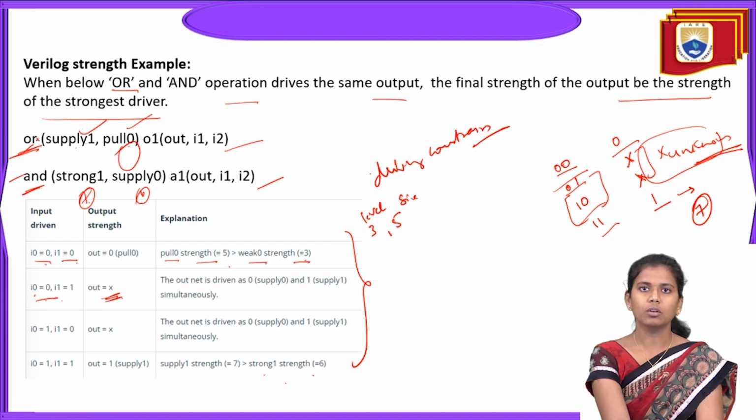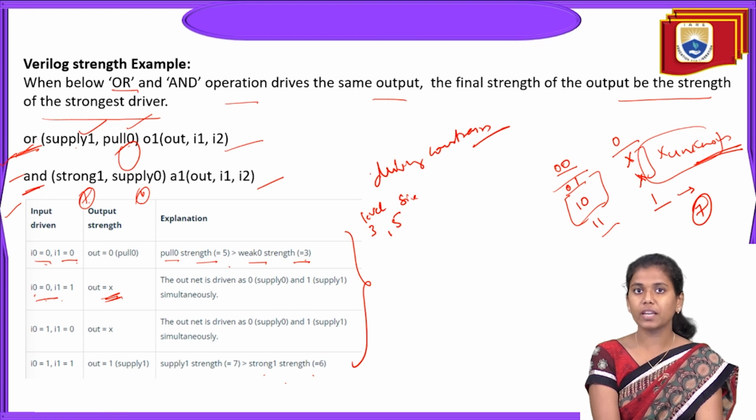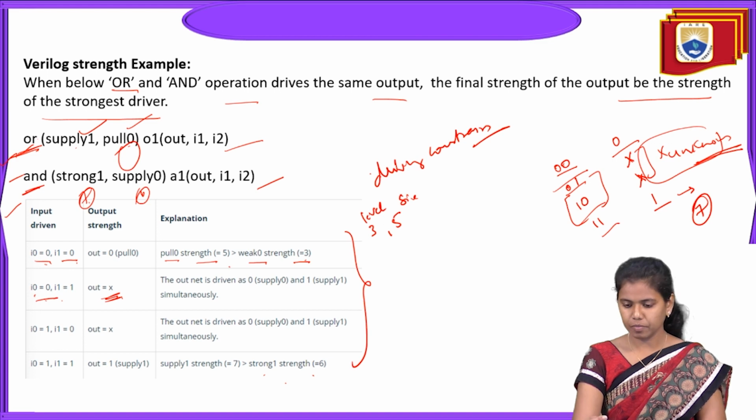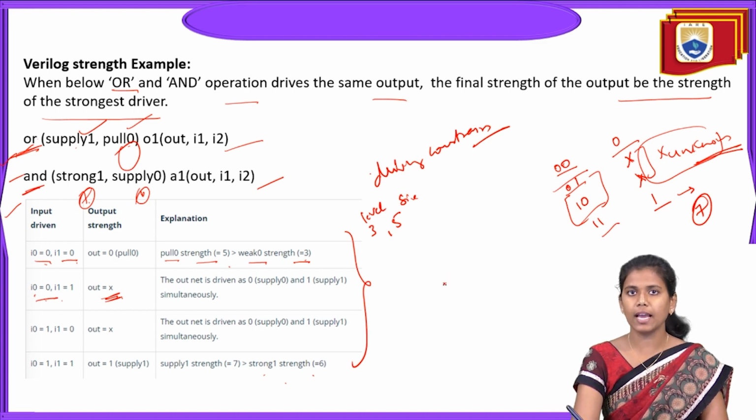So here two sorts of modules I have considered, OR and AND gate, and this is how the representation goes with respect to the strength levels of those modules. We know the truth table of AND and OR gates: 0 0, 0 1, 1 0 and 1 1. Whereas in the Trireg nets operations, when 0 and 1 occur simultaneously, we see unknown values.